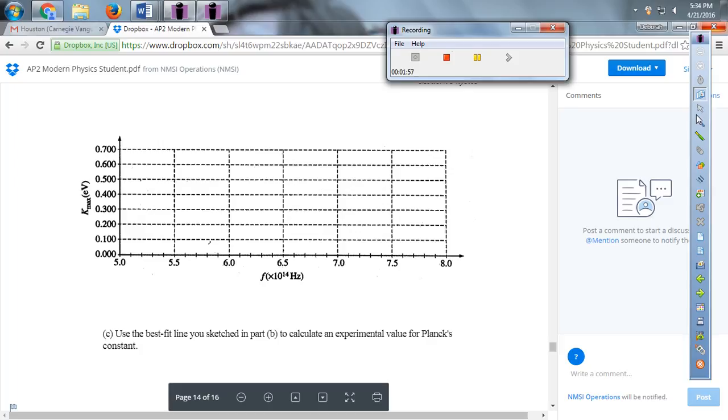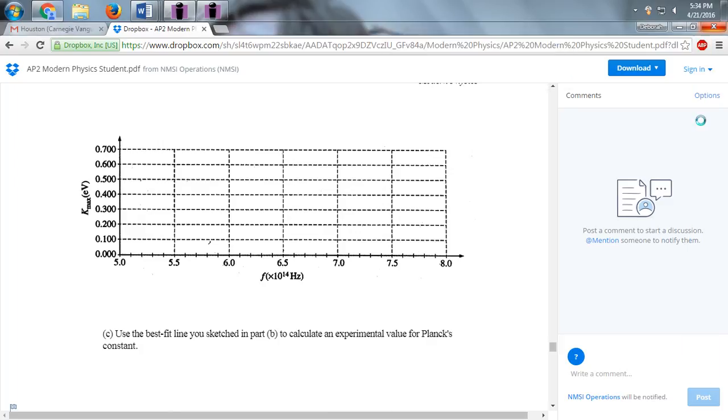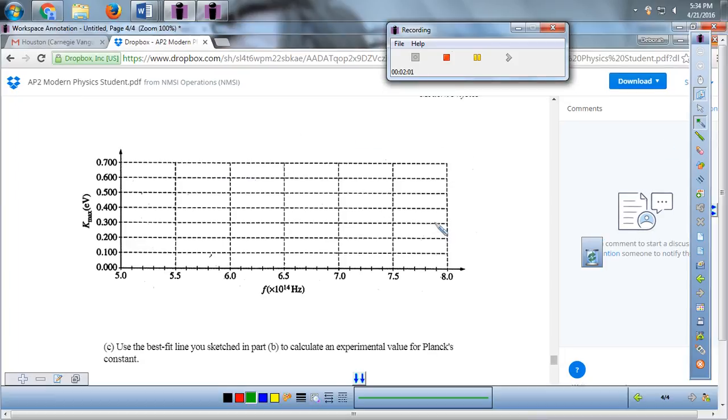I looked at when the frequency was 7.5 times 10 to the 14th, and my stopping voltage was 0.65. So I found that one, and 0.65 would be about in the middle.